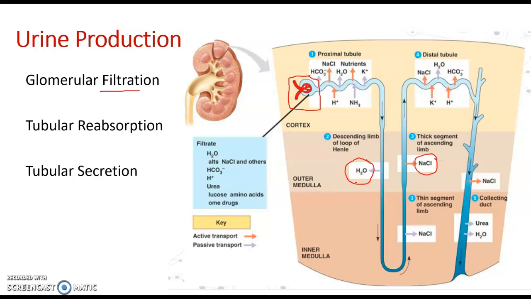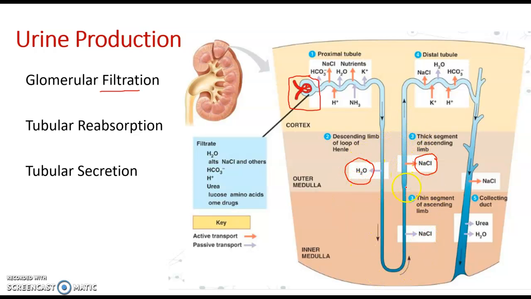We're going to concentrate the urine, and we're going to do that by using active transport, so a little bit of energy. We're going to use active transport to pump salt out into this extracellular space around the loop of the nephron.